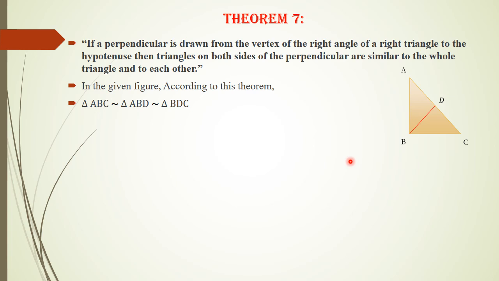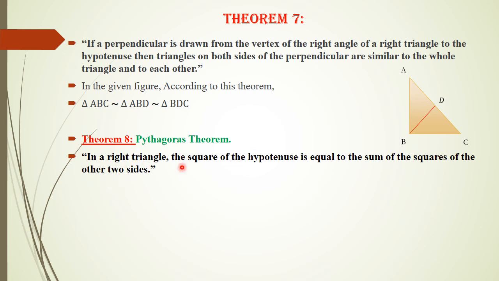Now using this one theorem, the mathematician Pythagoras gave a wonderful result which has been used by so many mathematicians and engineers to prove their different concepts. Pythagoras theorem states that in a right angle triangle, the square of the hypotenuse is equal to the sum of the squares of the other two sides.